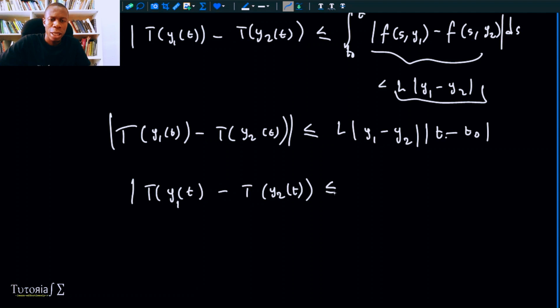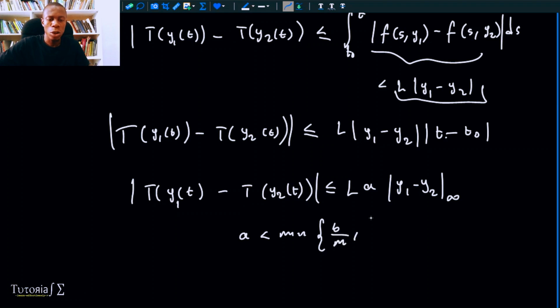So this is less than L, we know what this is, so this is A, and we're taking the maximum of that, so A times the sup of |y1 minus y2|. We note that A is less than the minimum of b over M and 1 over L. So this shows that A is less than 1 over L, and AL is less than 1.